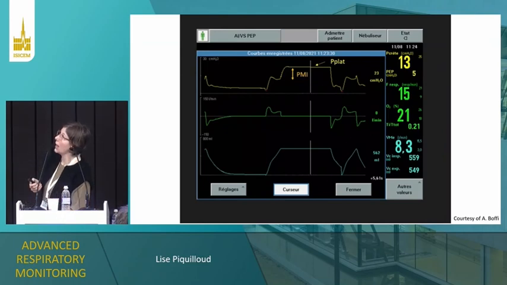And this is how it looks like on different ventilators. You can see that here there is the occlusion. We have no flow. You see here the increase in plateau, which is big in this example. And we have here a plateau of 23. I don't have the settings, but it was probably around 13 or something like that.